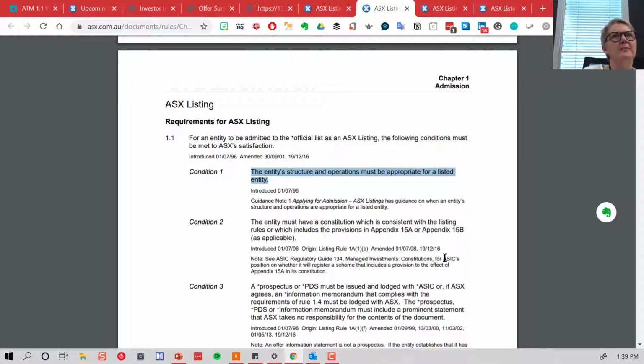This is unashamedly and purposefully vague. In particular, these words, operations in particular, give the ASX really broad discretion to say, no, we do not think you are the right kind of company.